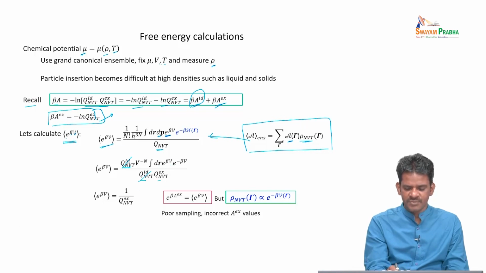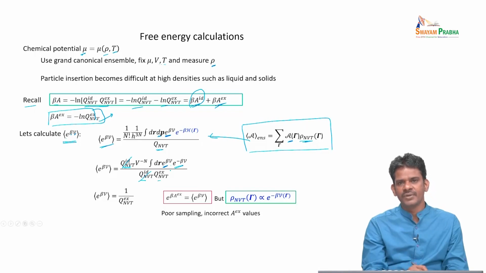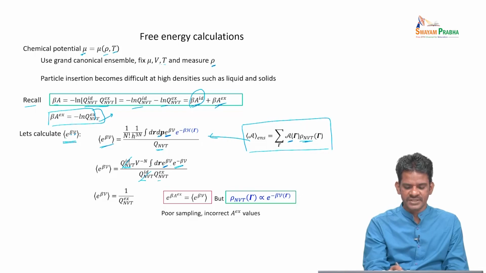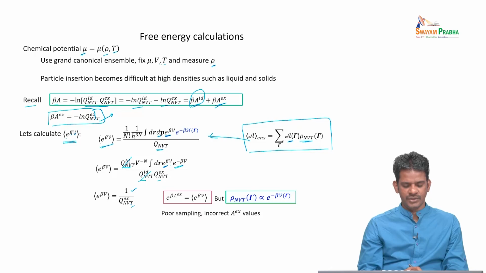If you look at what is remaining in the integral, you see that this is the function that we want to calculate, whereas the distribution function itself has the same value but with the negative e to the power minus beta V, and they will cancel each other. Then you are basically only integrating dr, which will give you the volume to the power N, and this volume to the power N will get cancelled. So, the numerator will be just 1 and the denominator will be Q_NVT excess.